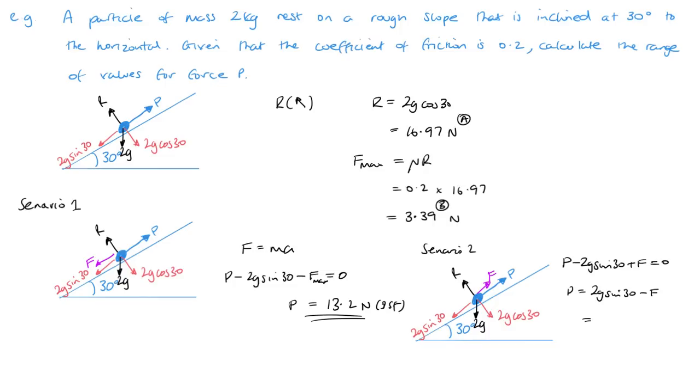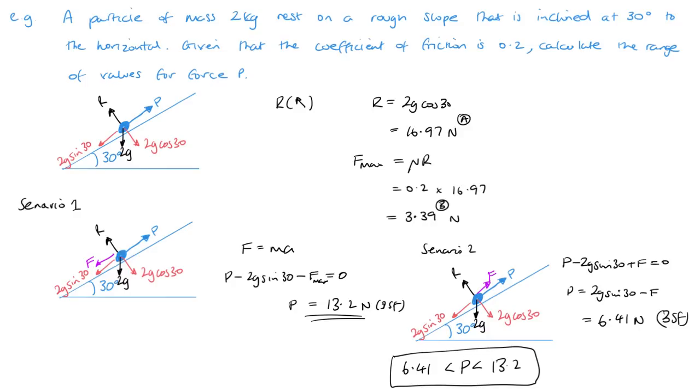So that's 2 times 9.8 times sine 30 minus B. And this one is 6.41 newtons to 3 significant figures. So this is my range of values for P. You know, it's between 13.2 and 6.41.